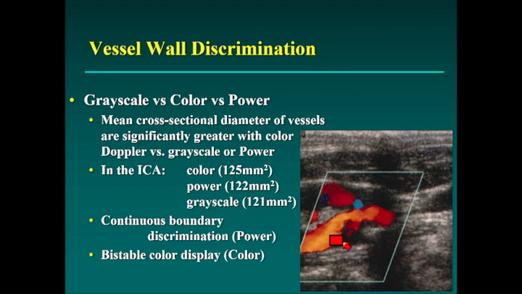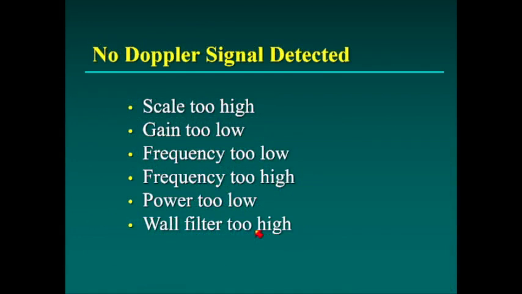So if that pixel overwrites the wall, some of them will be overwritten the same color. And as a result, you will get larger diameters or measurable diameters with color Doppler than you will get with power or grayscale, and that is statistically significant. This is a study we did some time ago, and it's not a lot, but it is certainly real.